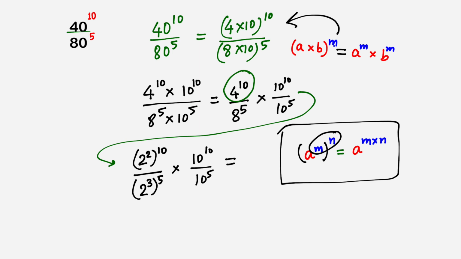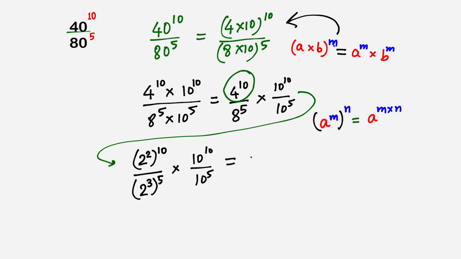We will use the same thing here, and our expression will become 2 raised to the power 2 multiplied by 10 is 20, and then 2 raised to the power, in the denominator, 3 5s are 15, multiplied by 10 raised to the power 10, and in the denominator the exponent is 5.